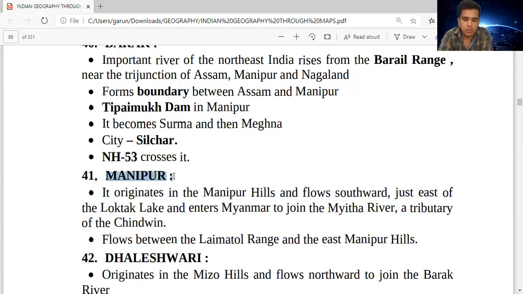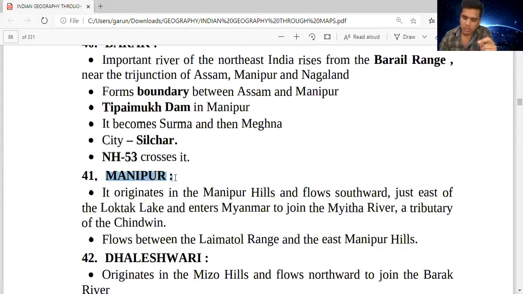Because we are studying the river system, not only a river. Ganges itself is a river, Brahmaputra itself is a river, Yamuna itself is a river. But we are studying the river system, not a particular river.